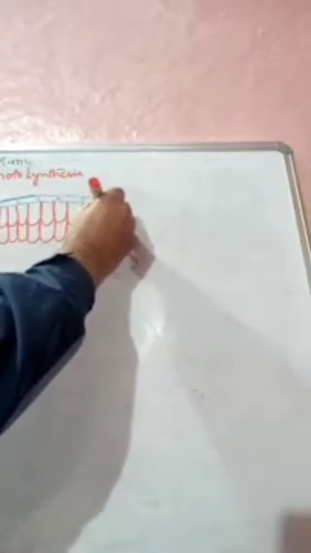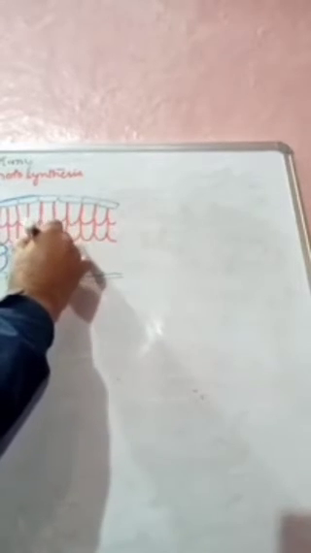Now, on the lower side, the mesophyll cells are somewhat loosely arranged, circular in shape like this, and these are called spongy cells.